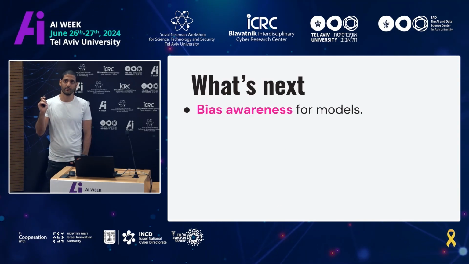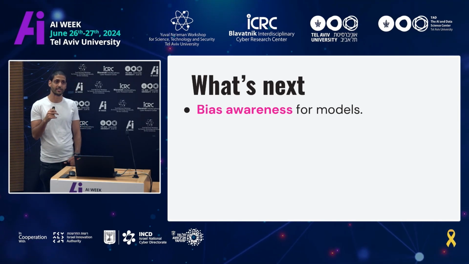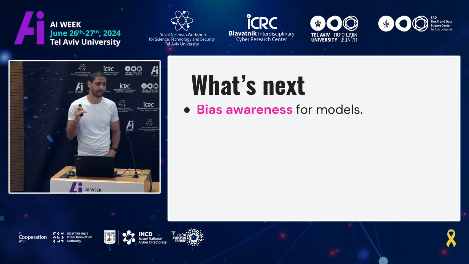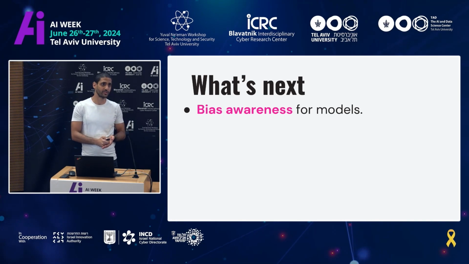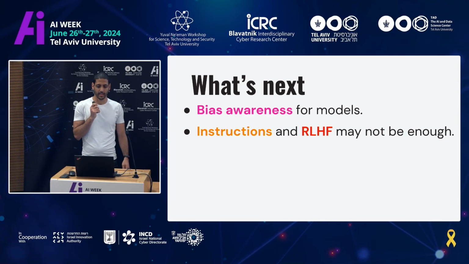In my opinion, what's next is first bias awareness. That's one of the reasons I'm here. If we use models and we don't know that they are biased, we might have very bad implications that we cannot see directly, because unlike social biases, which are kind of easy to see most of the time, these kinds of biases are hard to detect.